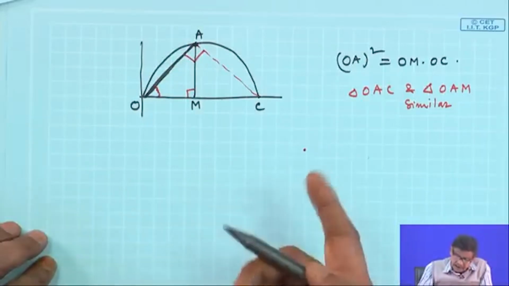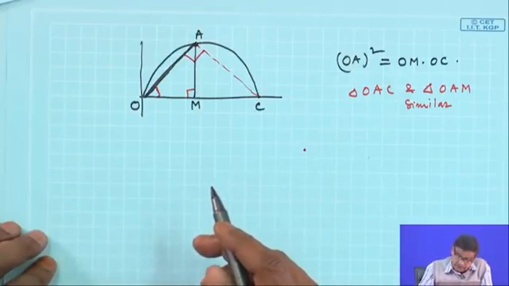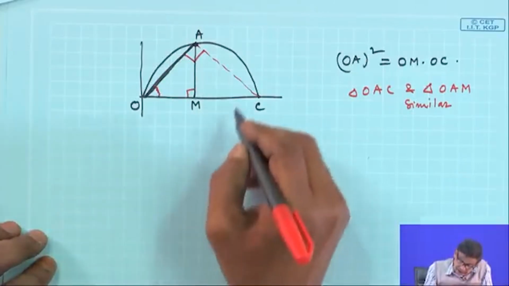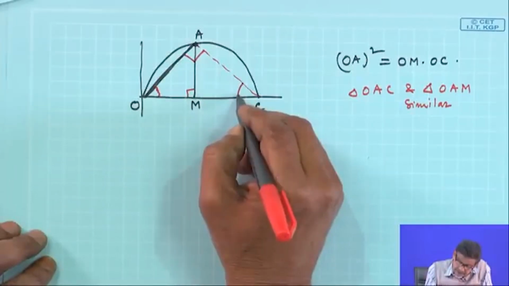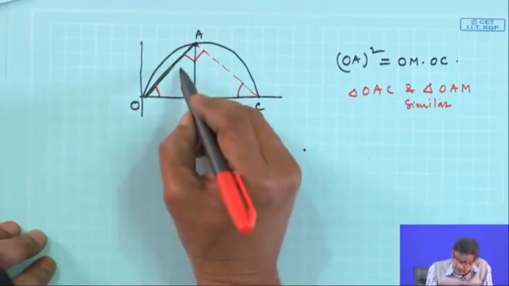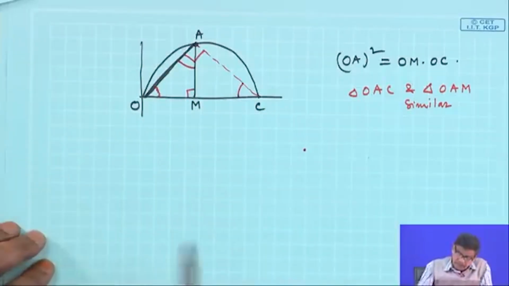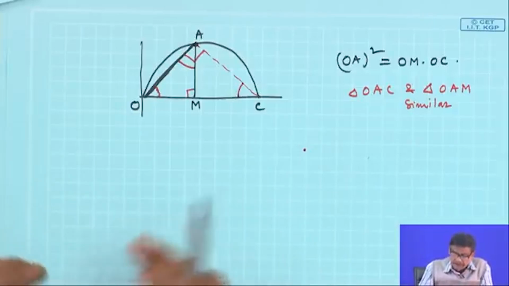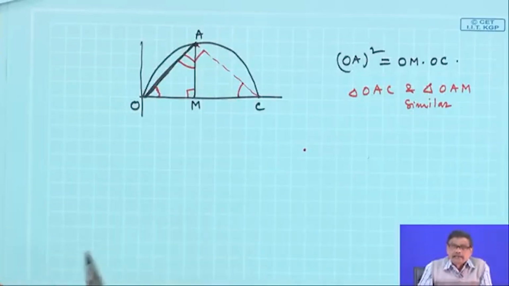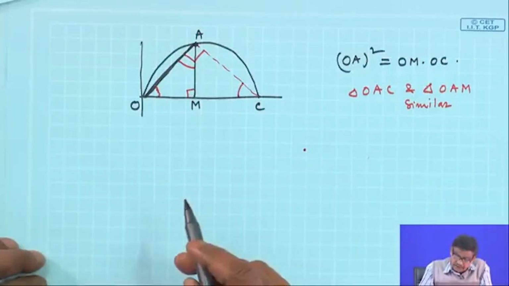So, the third angle will also be equal, so they are similar. Where is the third angle? Here, this and this. So, the ratios of the opposite sides of the like angles will be equal, that is what similar triangle means.